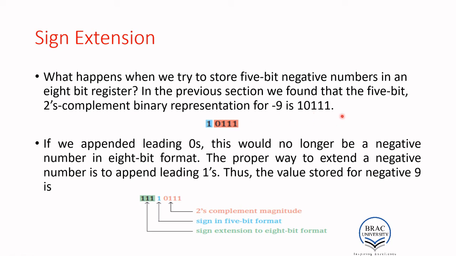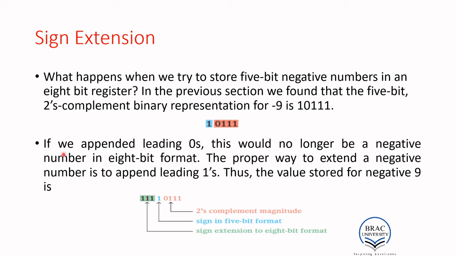Now if you want to store it in an 8-bit register, this is 5 bits. For the other 3 bits, what will you put? Do you put 000? If you put 000, then it will no longer be a negative number, right? So we need to put 1 instead of 0. So that's what happens.